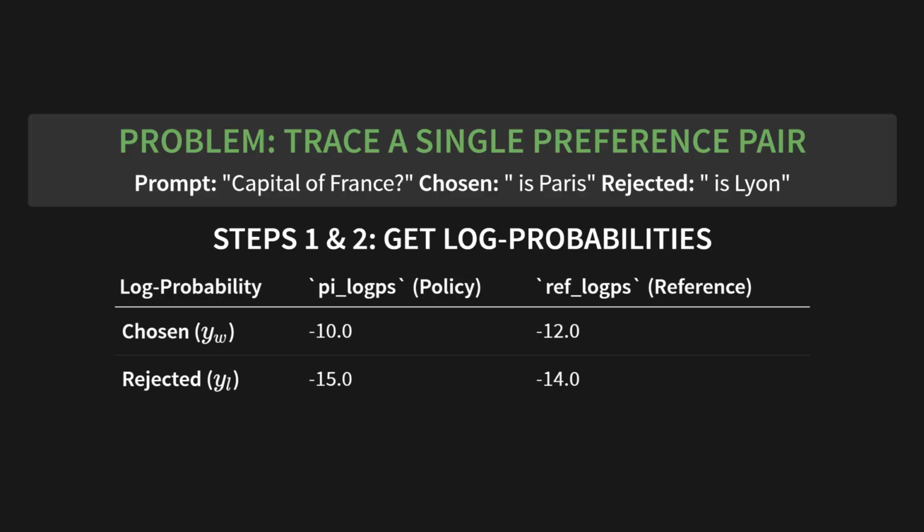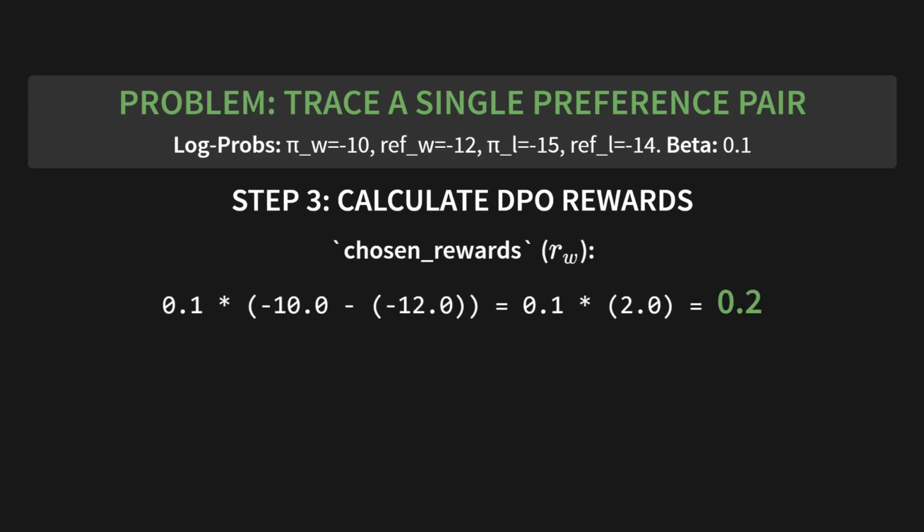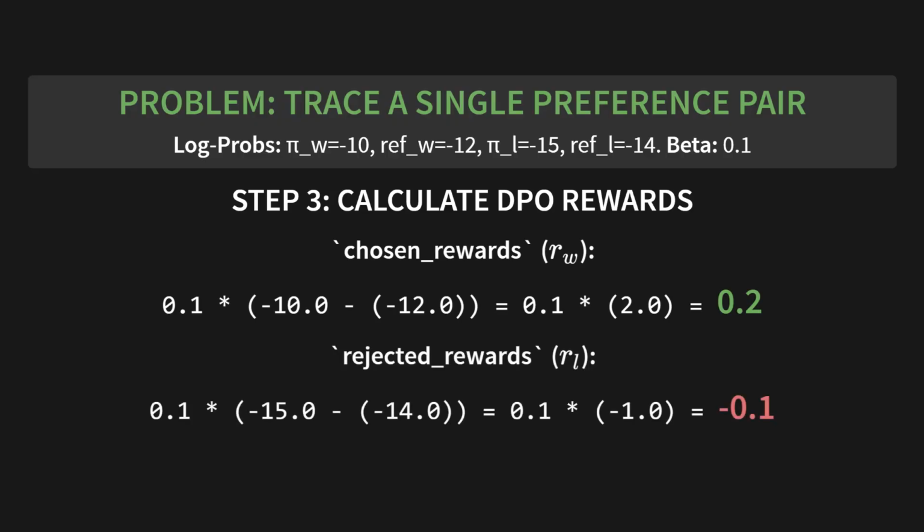And beta is 0.1. Step 3. Calculate DPO rewards. Let's do the math. For the chosen rewards, that's 0.1 times -10 minus -12. -10 plus 12 is 2, so 0.1 times 2 is 0.2. Now for the rejected rewards.